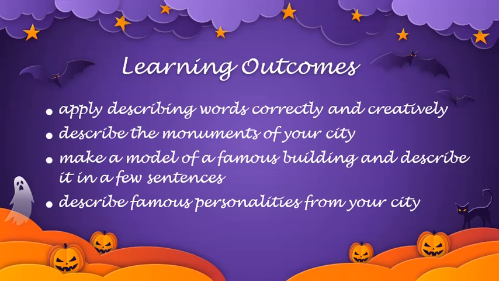At the end of this lesson, you will be able to apply describing words correctly and creatively, describe the monuments of your city, make a model of a famous building and describe it in a few sentences, and describe famous personalities from your city. And I'm pretty sure that while using describing words, you will also improve the quality of your writing.